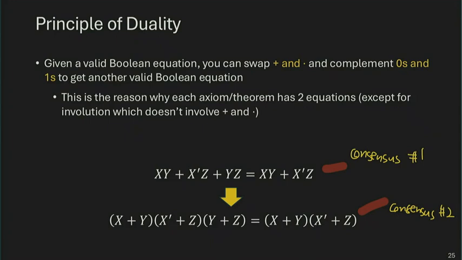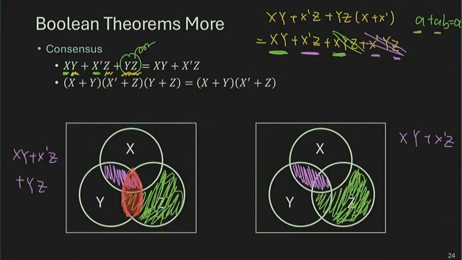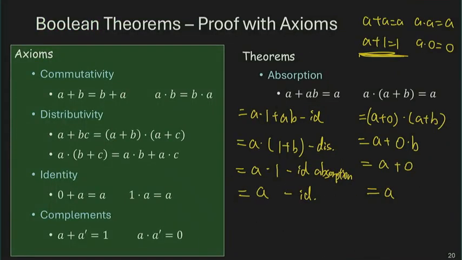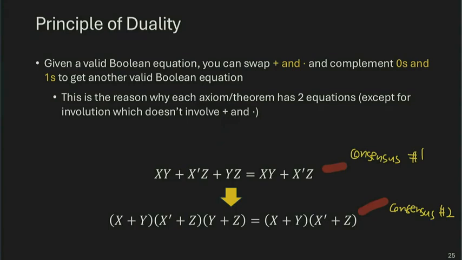You don't have to worry about doing two proofs. And it's for that reason why these proofs, for equation number 1 and equation number 2, can be proved in the same step because of this duality property of Boolean algebra. All right, any questions?